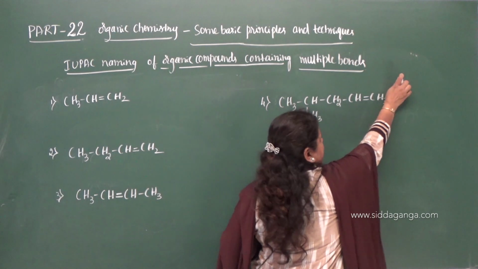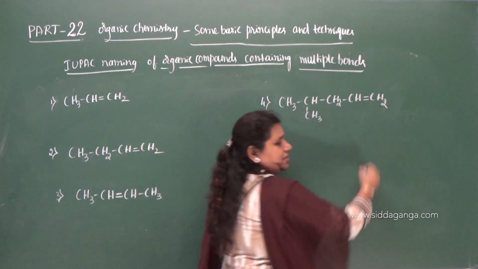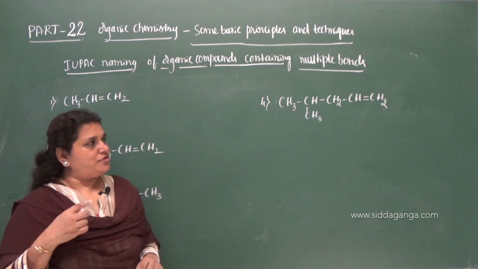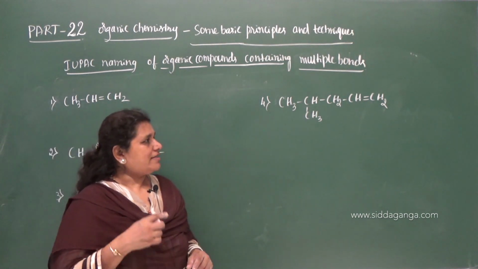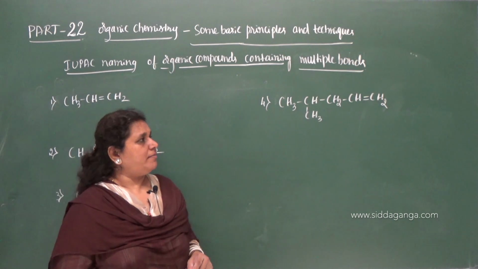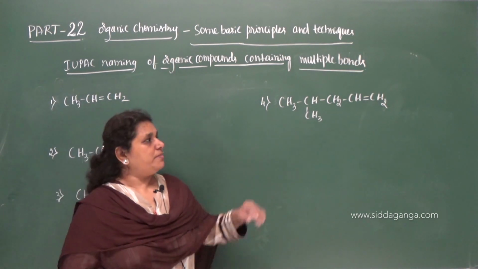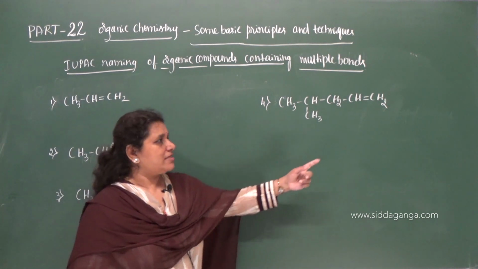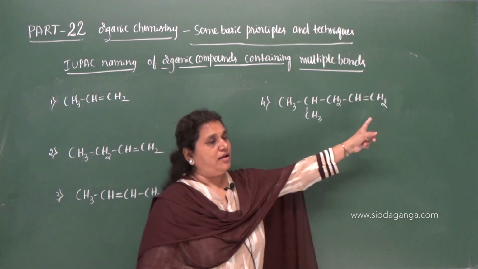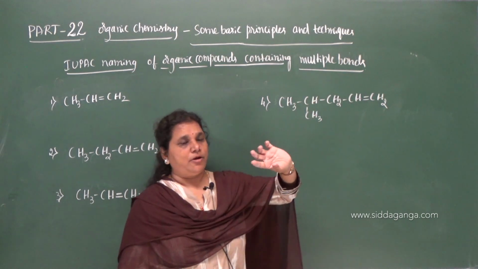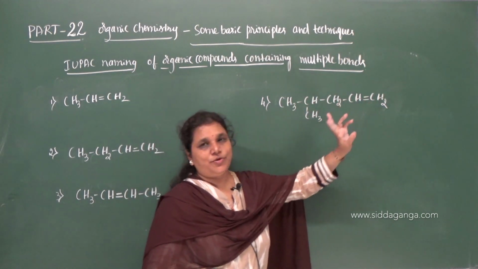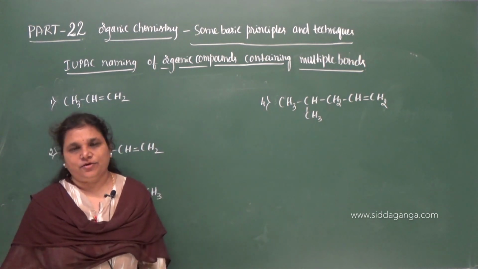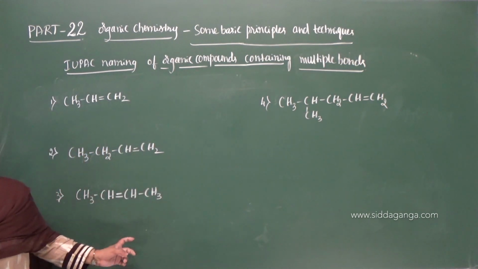CH double bond CH2. While writing this type of structures, we need to remember the tetravalency of the carbon atom. All the carbon atoms should be satisfied while writing the structure. So to satisfy the tetravalency, at the terminal position, if you have a double bond, you will get a CH2 group. But in alkanes, at the terminal position you will get a CH3 group. That you have to remember. Okay, next one.